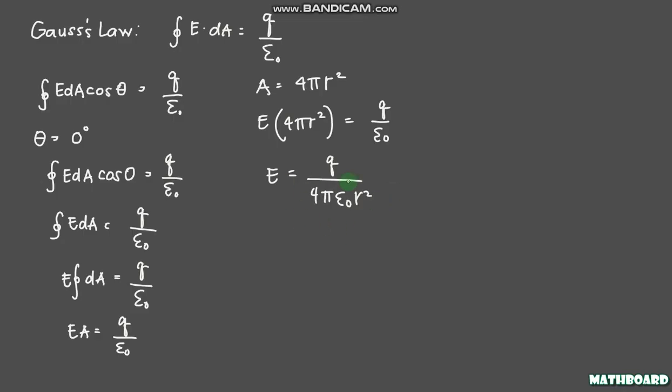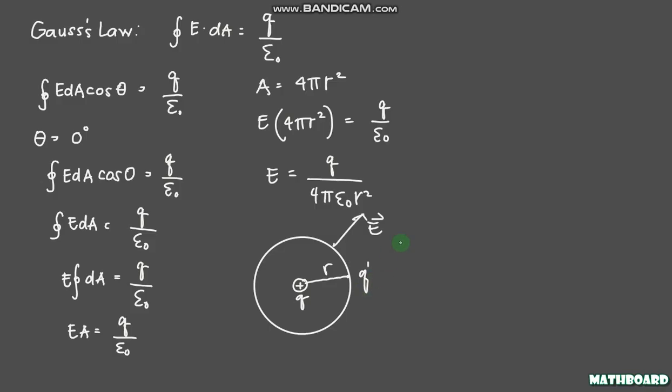So let's go back. Let's say this is our Gaussian surface, and this is our positive charge Q, and we know that the electric field is radially outward, right? So like this. Now let's say we have a charge Q prime here at a distance r from Q, and what is the force acting on Q prime?